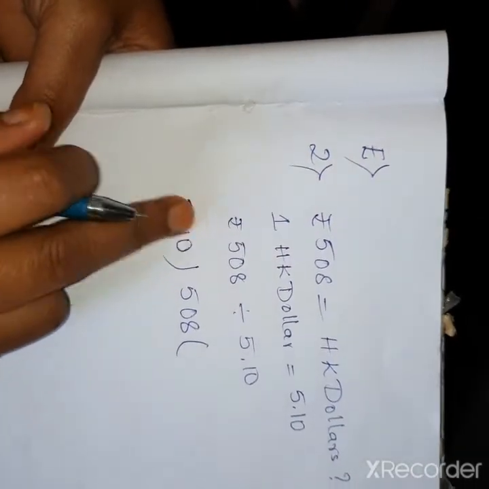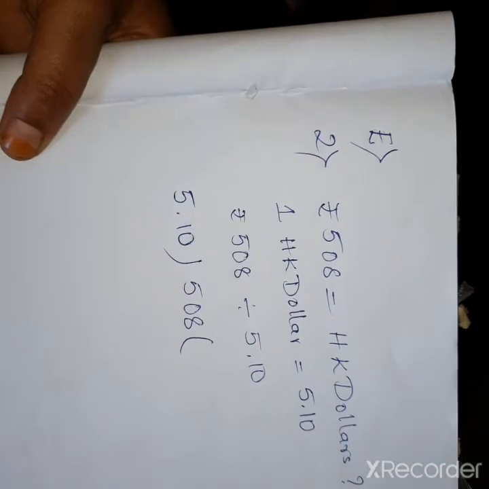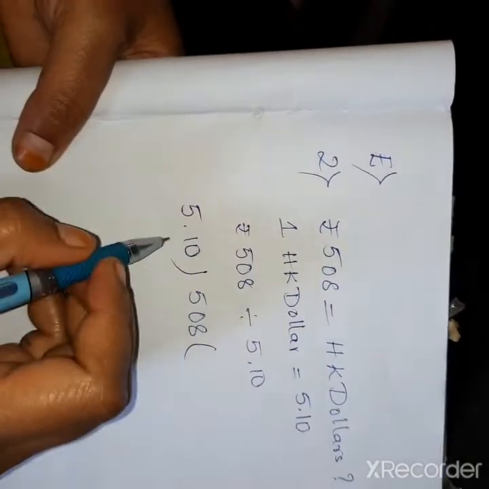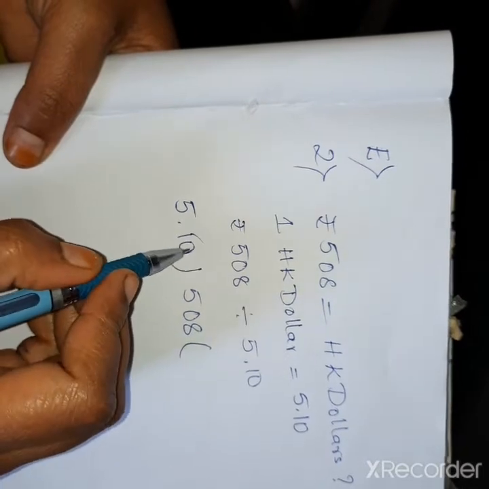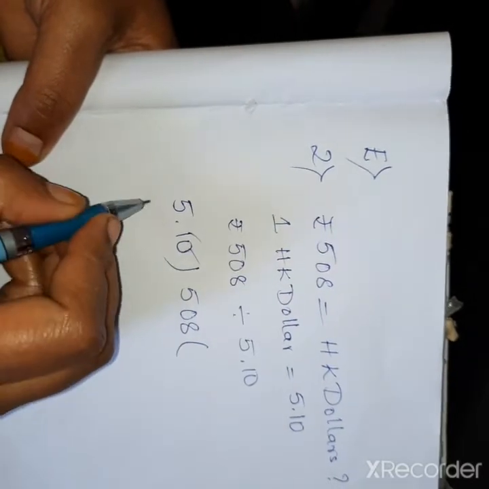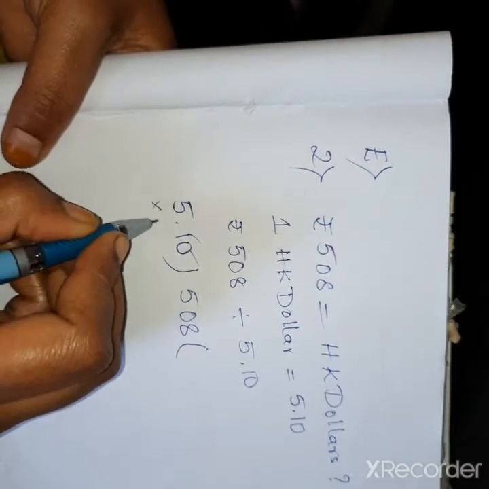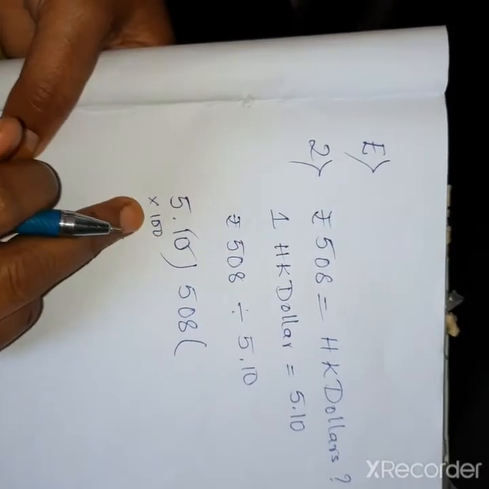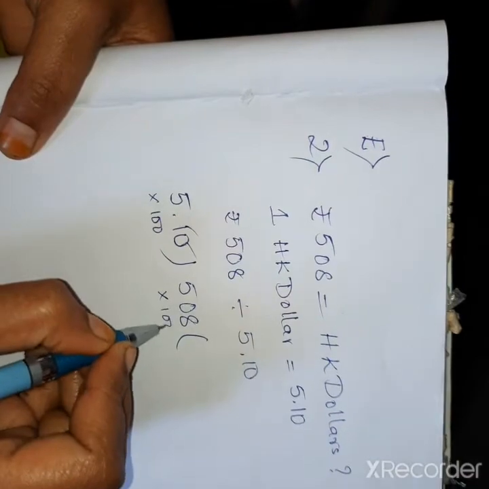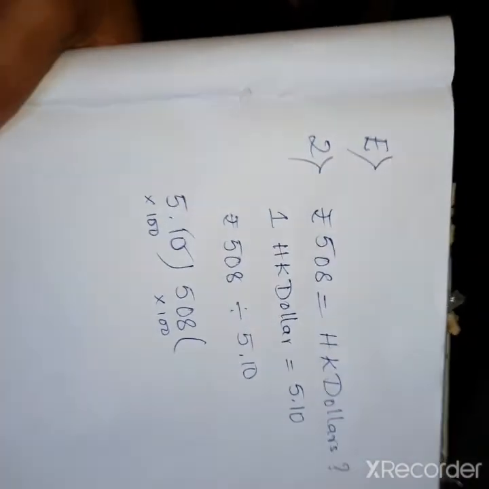So we have to convert this into a whole number. To convert that, we have to see the place value here. This is in 10th place and this is in 100th place. So we have to multiply this number with 100, and when we multiply one part with 100, same thing we have to do for the other part.